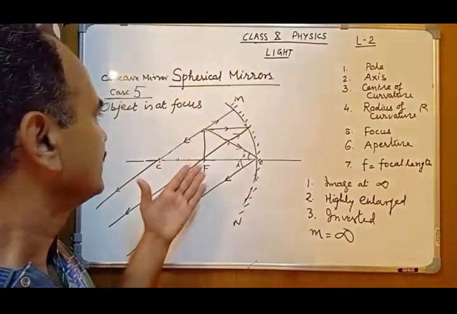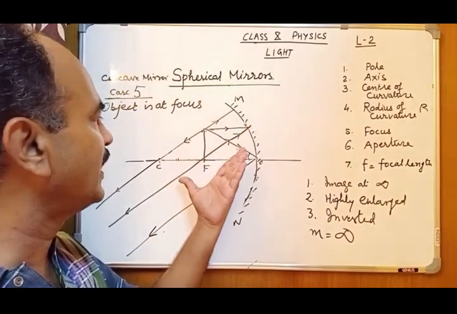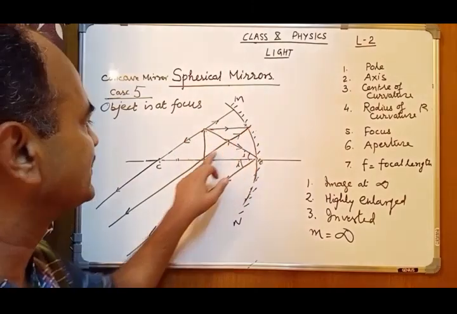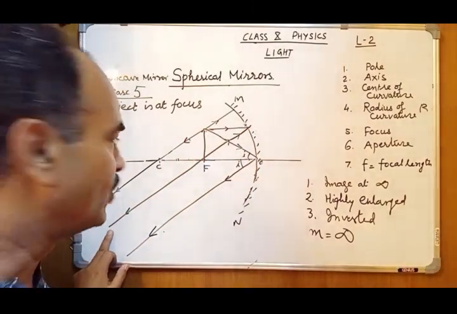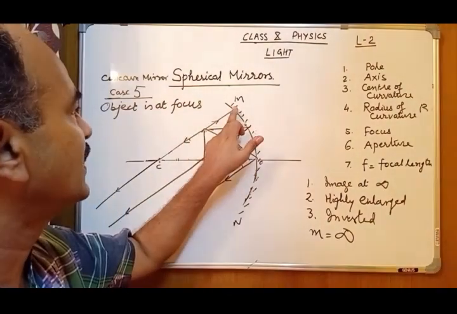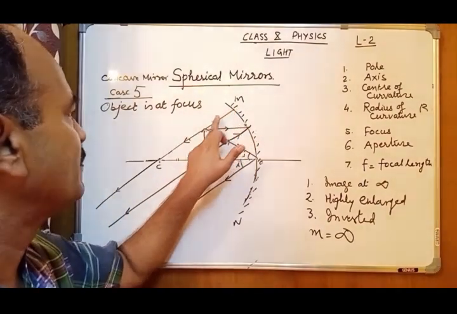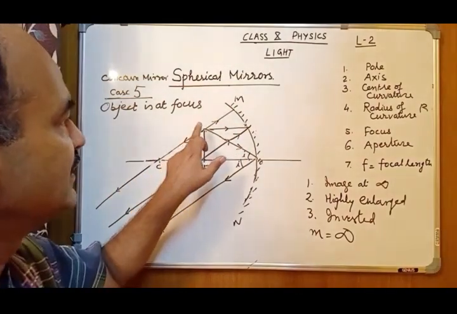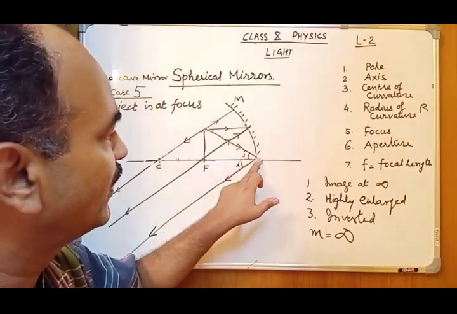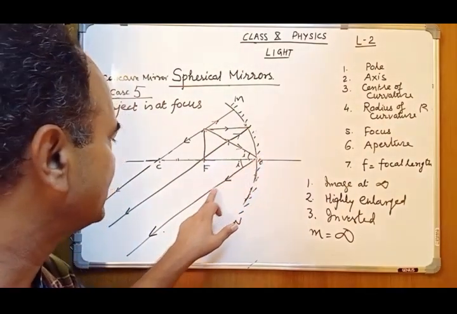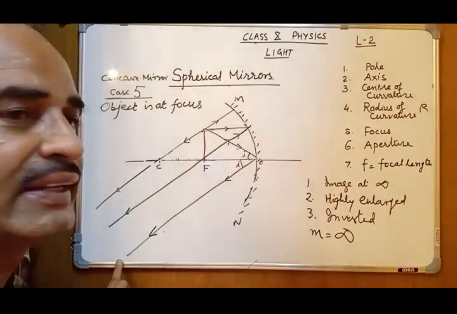Any ray going parallel will pass through the focus point, going in this direction. This ray, which is normal to the mirror, after reflection will pass again in the same direction. This is an oblique ray striking at the pole, and after reflection it will become parallel to this ray.